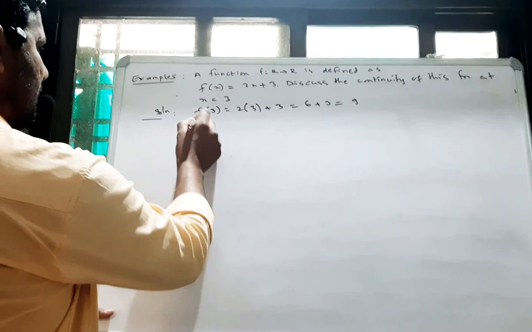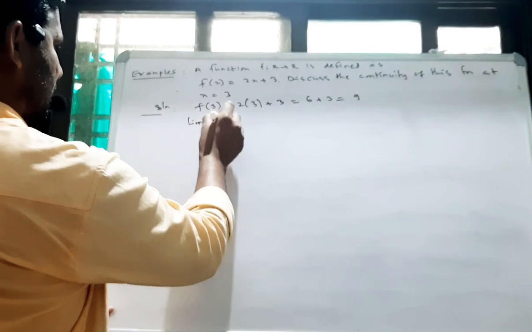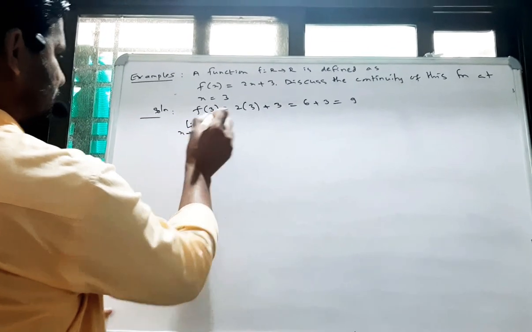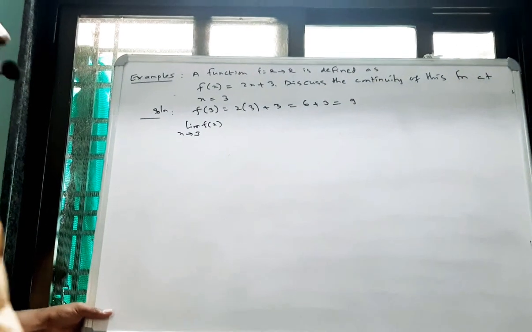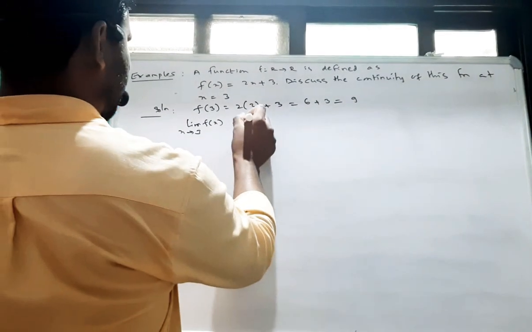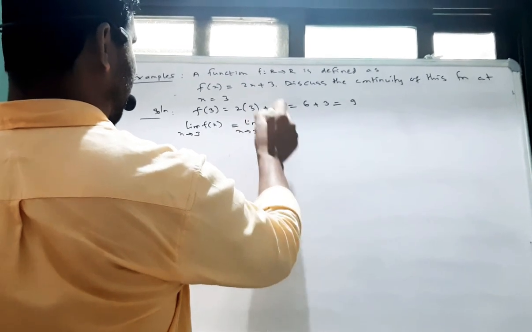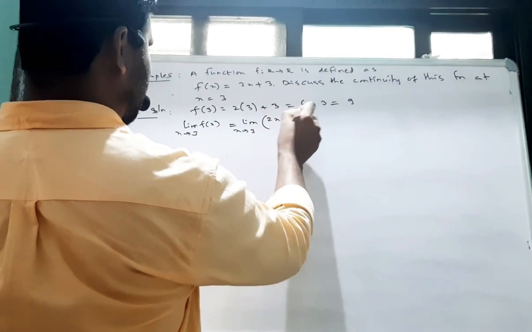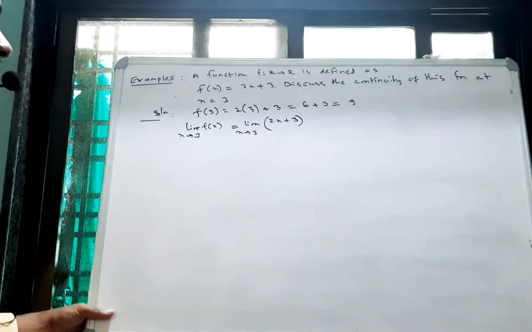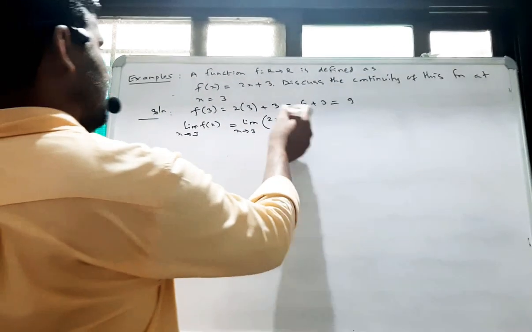Now we have to find limit of the function f of x as x tends to 3. F of x is given as 2x plus 3. So this is the polynomial.